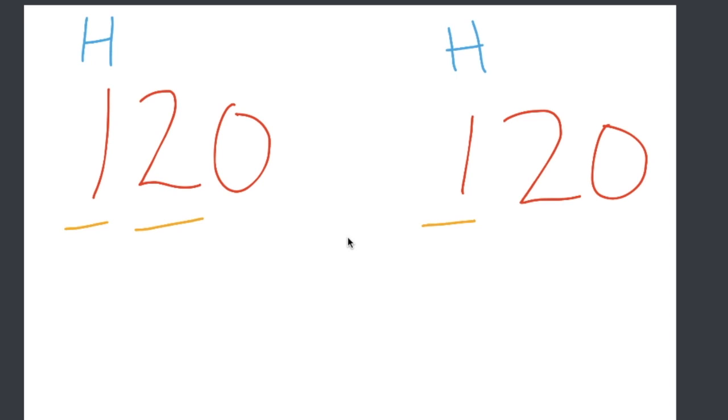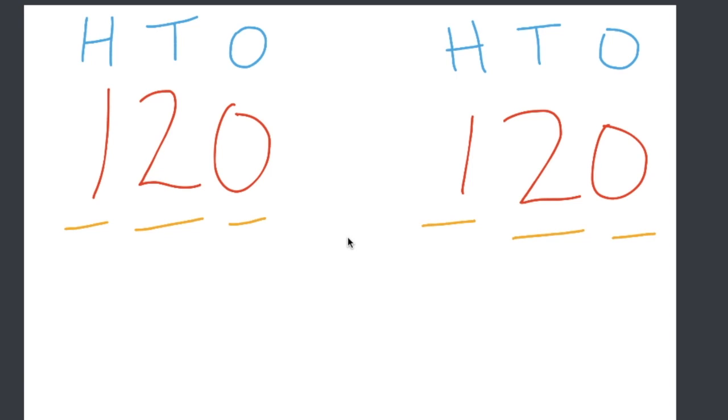All right, I have a 2 and a 2. Oh my goodness, it's the same number. So we go to the next number. All right, we have a 0 and a 0. That's in the ones place. Oh my goodness, it's the same number.